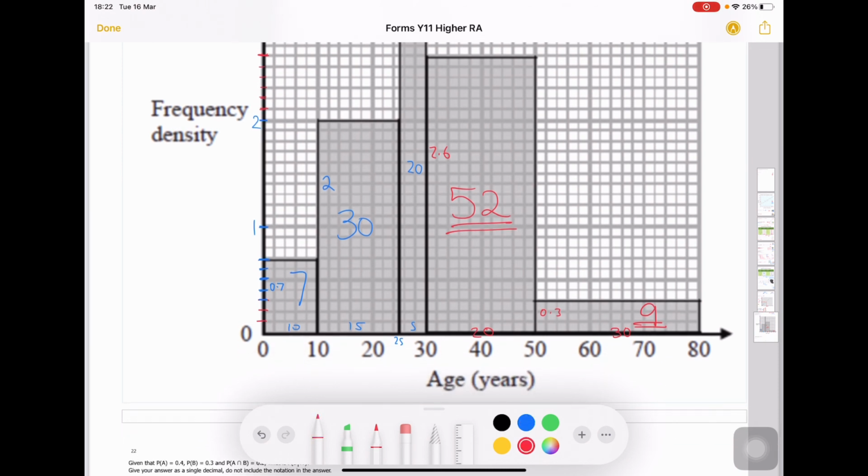So our probability is going to be 61 over the total, which is 61 plus 57, so 118. Yeah, 118. This is our probability.